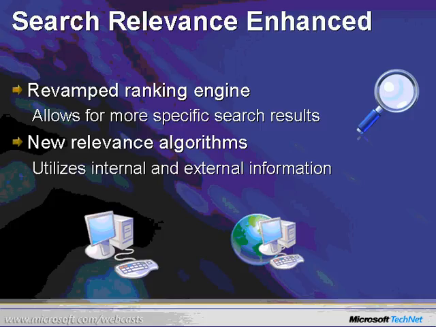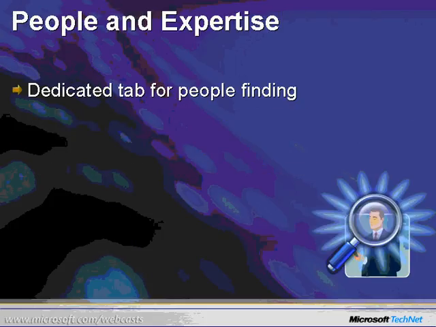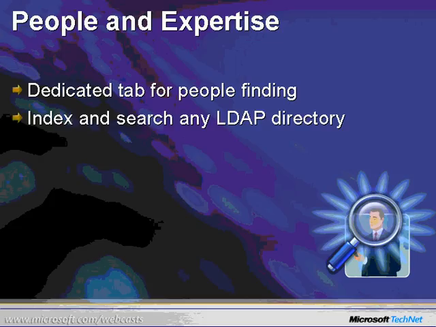All right, so there's some nice things that we've built in under the covers, and there's also some great utilities we have as administrators to control how people come into the environment. People and expertise. We actually have built in by default a tab for just people finding. What this does is it allows us to index and search any LDAP directory. Now, I will tell you, when I say any LDAP directory, I have problems with that, although technically we speak LDAP.